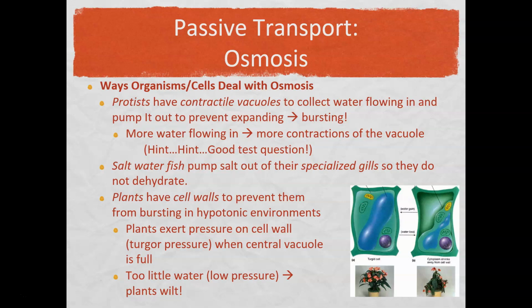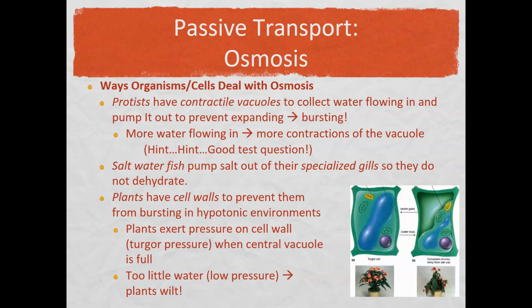Remember we talked about those vacuoles back in cell structure, and they're basically a cell sump pump. So as that water is rushing in, in order for them to keep from bursting because they don't have any other way to stop it, those contractile vacuoles contract more often, and so they're able to expel that excess water and maintain their natural cell size and cell shape.